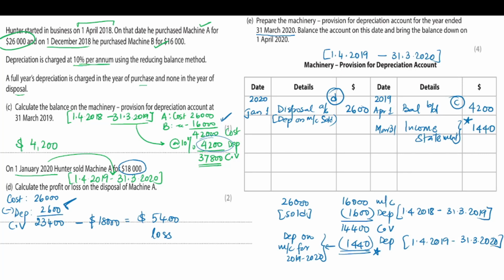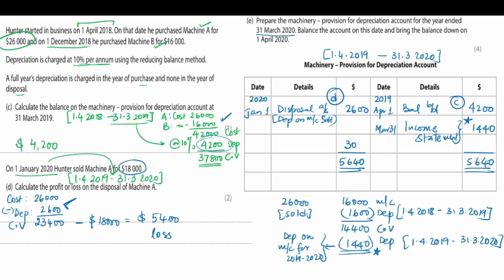Now you would balance it out. So of course this side is bigger. So we would balance it out. So it is giving me 5,640. Difference would be 5,640 minus 2,600, 3,040. What is this 3,040?